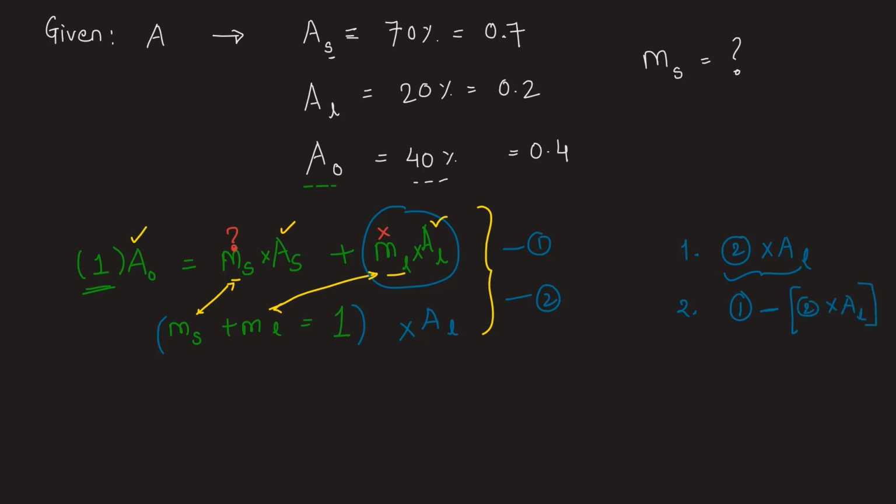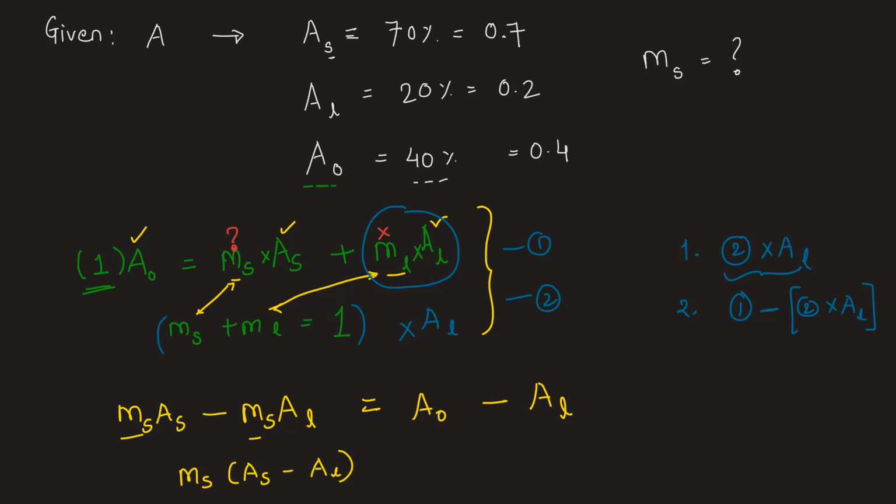From here, when we calculate MS, after eliminating ML into AL from the resulting equation, we get MS into AS minus MS into AL is equal to A0 minus AL. Now we have to calculate MS from this, so just take MS common. We get MS into AS minus AL is equal to A0 minus AL.